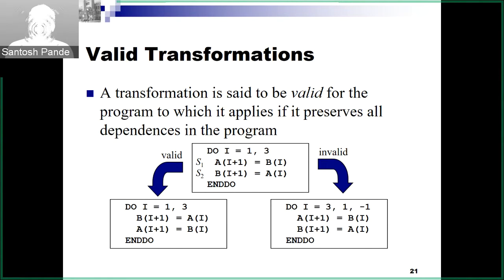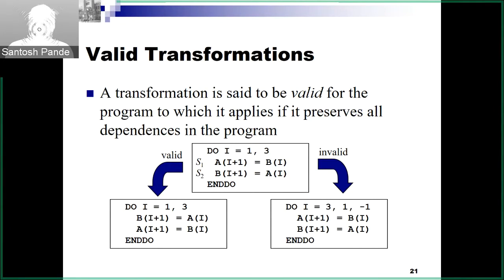Because of that, the relative order in which things are going to be visited is going to be different, and that will lead to either problems or will be the same if there are no dependencies. So you can see, first of all, we have a simple iteration space here increasing from 1 to 3. Let us see what the dependencies are here.